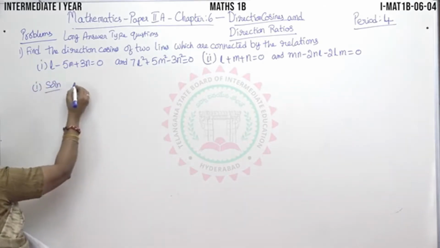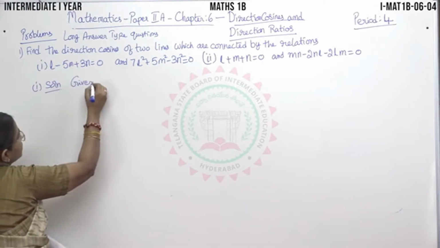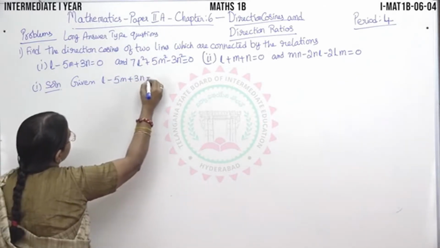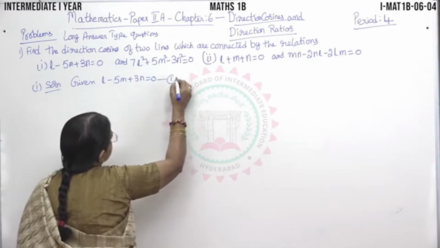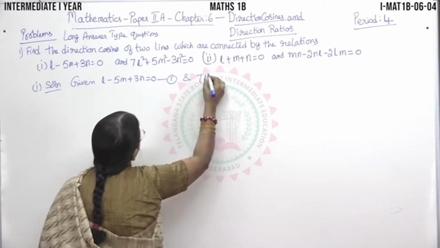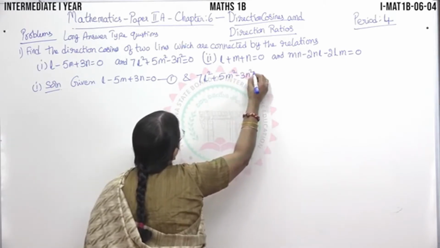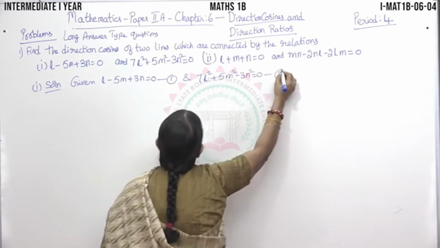So how we do is, you are given the equations l minus 5m plus 3n is equal to 0. Number this as equation 1, and 7l square plus 5m square minus 3n square is equal to 0. This is the second equation.